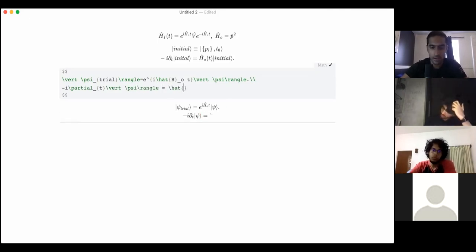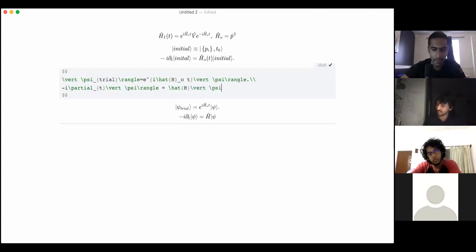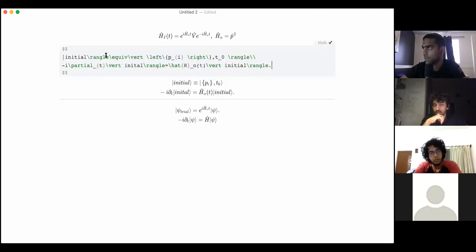Equals our full H. Right, so now when it hits this i guy, I think there's no minus sign. I think it's minus. Okay, I think you're right.